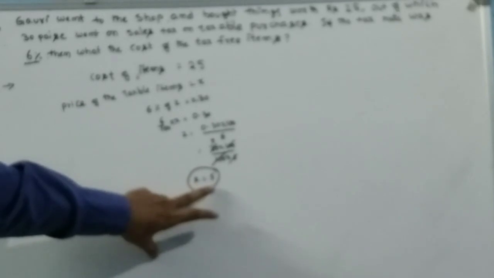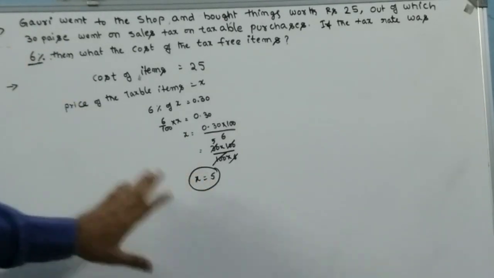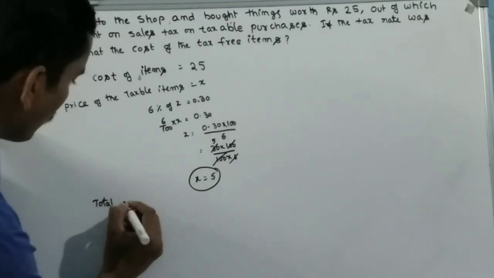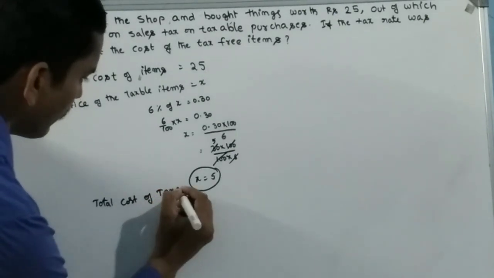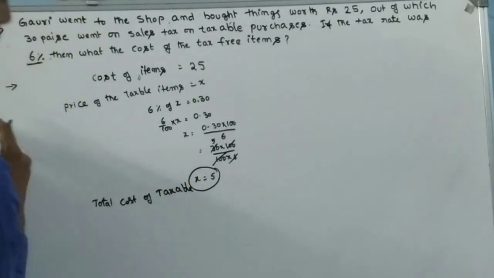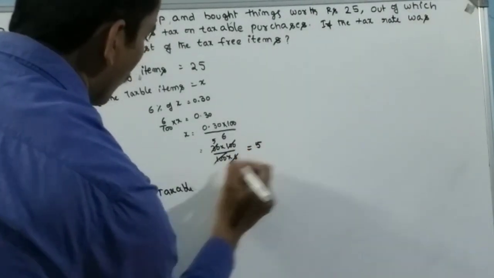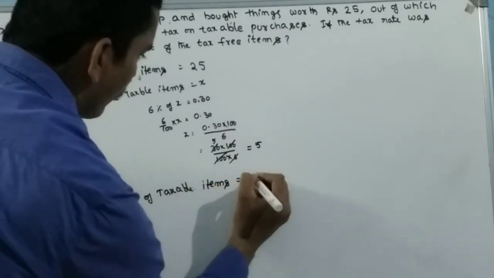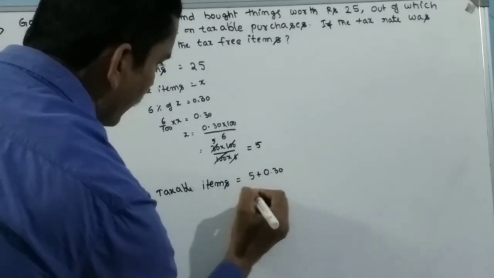On these, he is paying 6% tax, that means 30 paise. So the total cost of the taxable items equals 5 plus 0.3, that means 30 paise.